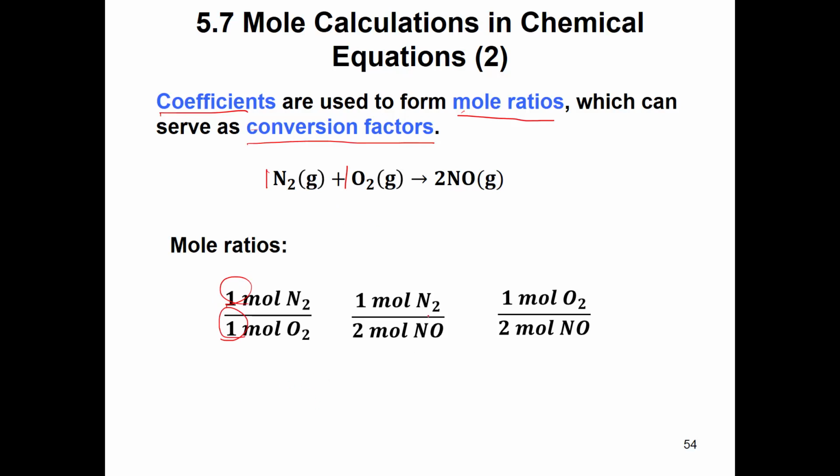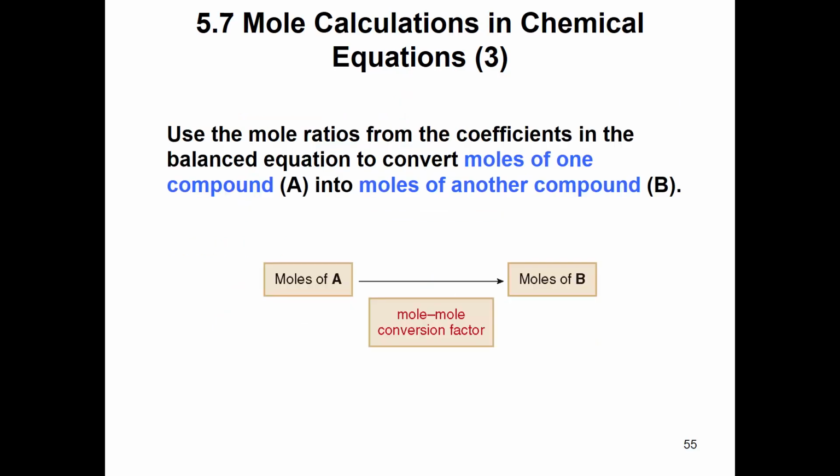The ratio between nitrogen and NO is 1-to-2. And then the ratio of O2 to NO is 1-to-2. So we can use any of these as long as we have a properly balanced chemical equation.